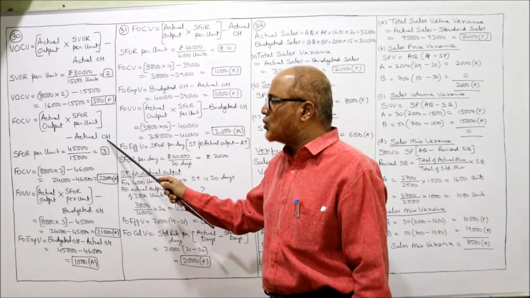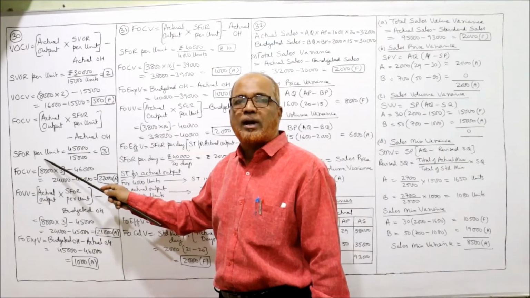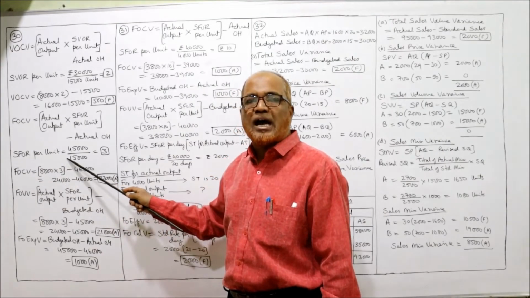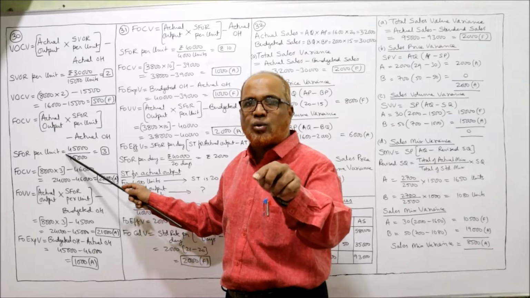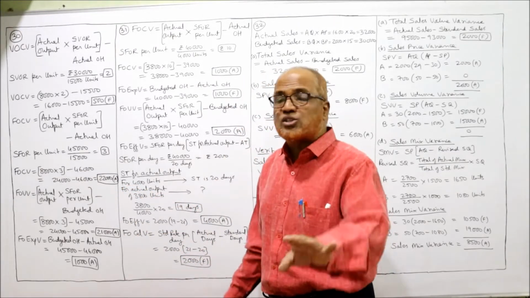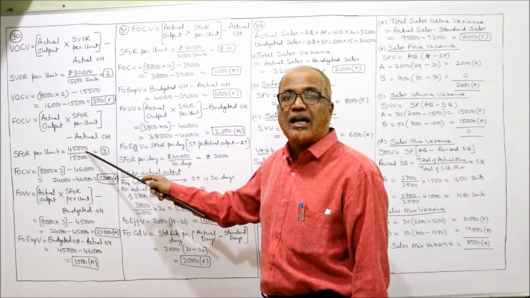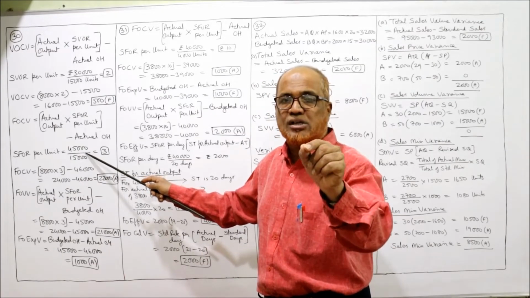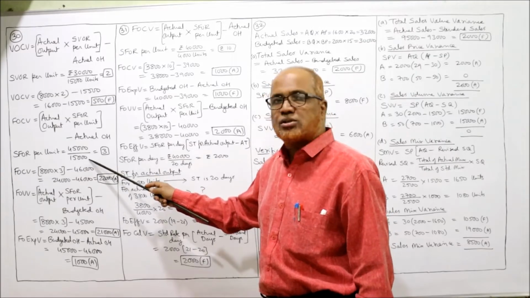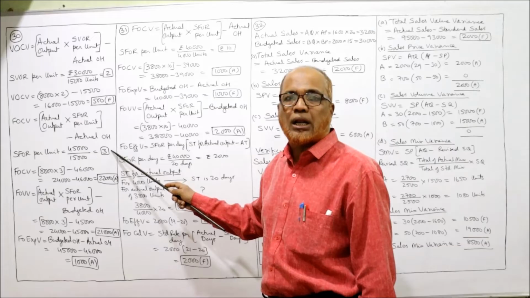So first of all, we calculate SFOR per unit, standard fixed overhead rate per unit, which is equal to standard fixed overheads divided by standard output. Standard fixed overheads are 45,000 and standard output is 15,000, as you can see in the problem. So 45 by 15 is 3 rupees per unit SFOR.